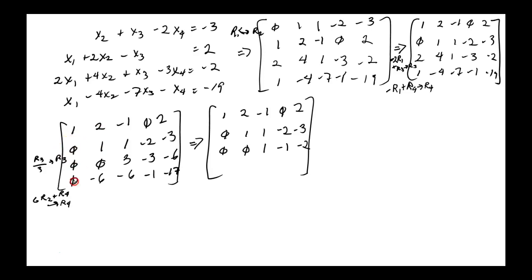6 times 0 is 0 plus 0 is 0. Good deal. Okay? 6 times 1 is 6 plus a minus 6 is a 0. 6 times 1 is 6 minus 6 again is a 0. This is coming out nicely. And 6 times negative 2, what do you get there? Minus 1 is negative 13.